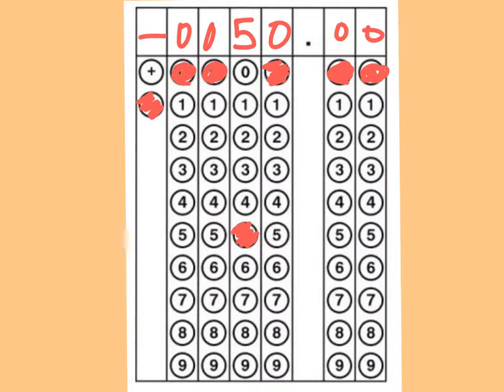If I have 0 thousands, 0 hundreds, 5 tens, 0 ones, 0 tenths, and 0 hundredths, isn't my answer still negative 50? So, yes, these zeros are unnecessary, and this is just extra work you didn't need to do.